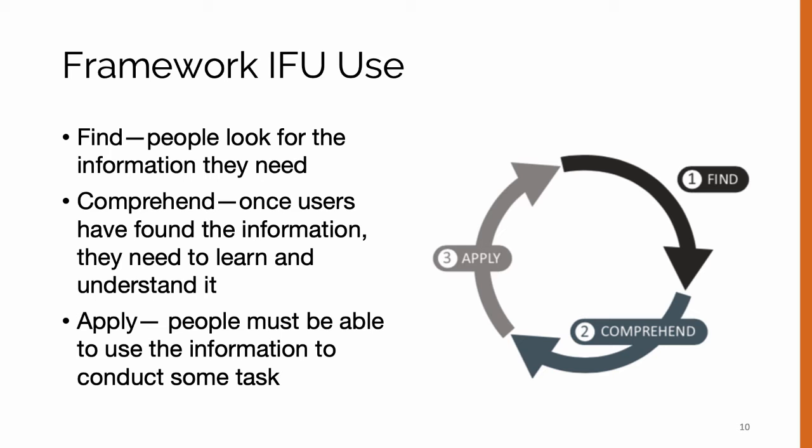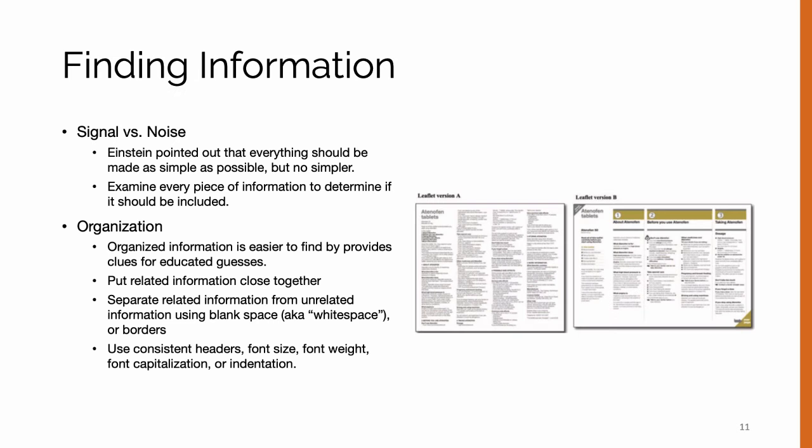They need to comprehend it. And then the third is sometimes even after you understand it, it's helpful to look at the instructions at the same time you're doing a task, and we call that apply. That is, you must be able to use the information to conduct the task that you're trying to do. So find, comprehend, and apply are kind of the main steps when you're using the instructions for use.